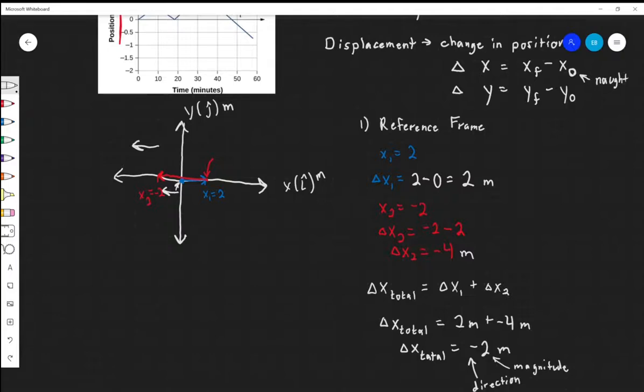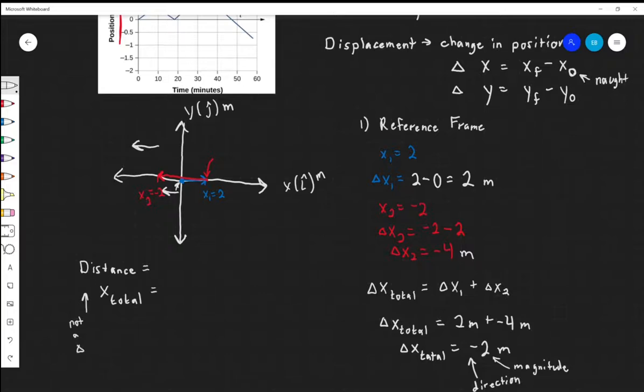But what we can also do is figure out what is the distance that we've traveled. The distance that I traveled is equal to some x total. So notice that there is not a delta, not a change. Okay, so that means that I want the total value of this.